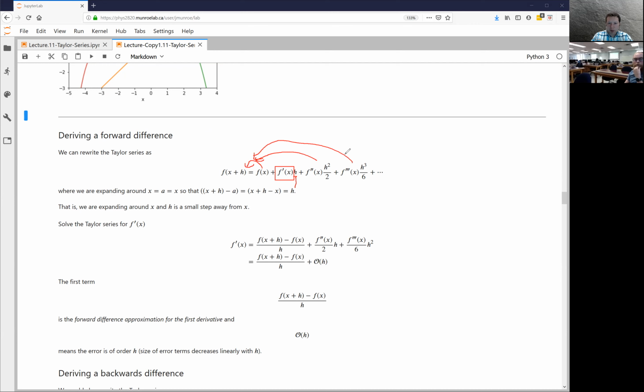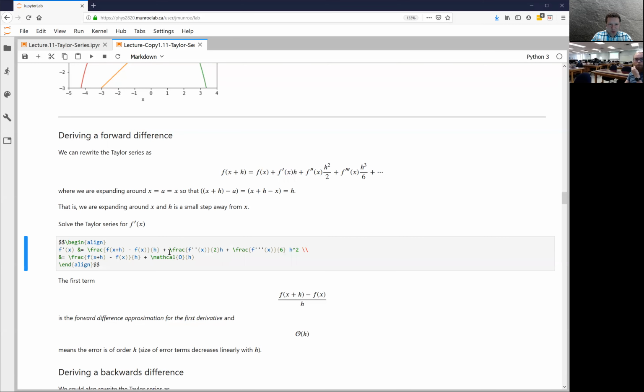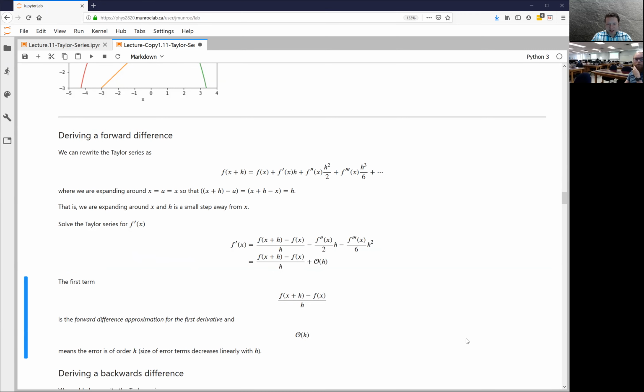What you'd be left with is f of x plus h minus f of x divided by h. Okay, there's a typo there. I don't want typos to throw anyone off. I guess strictly speaking, that's going to be a minus sign, and that's going to be a minus sign, right? If you rearrange these things.